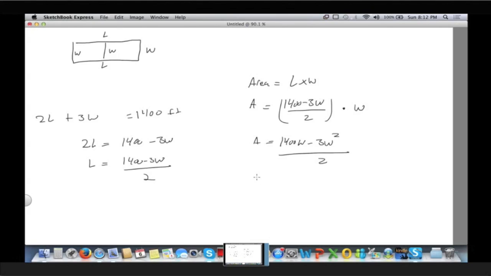So now we want to do this, do 1/2. It's 1400W minus 3W squared.